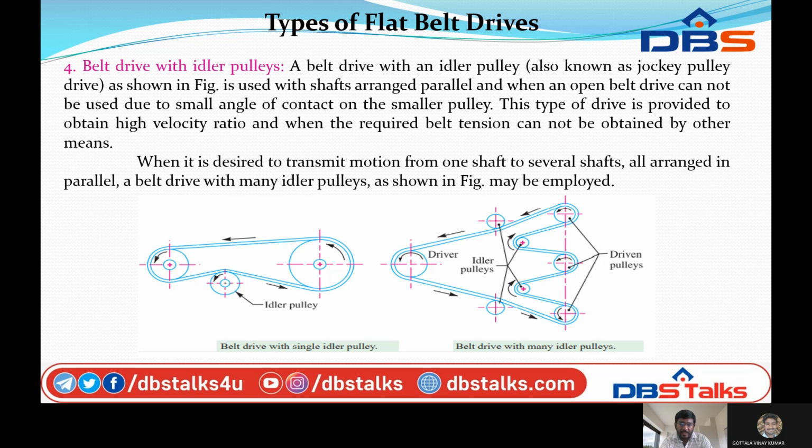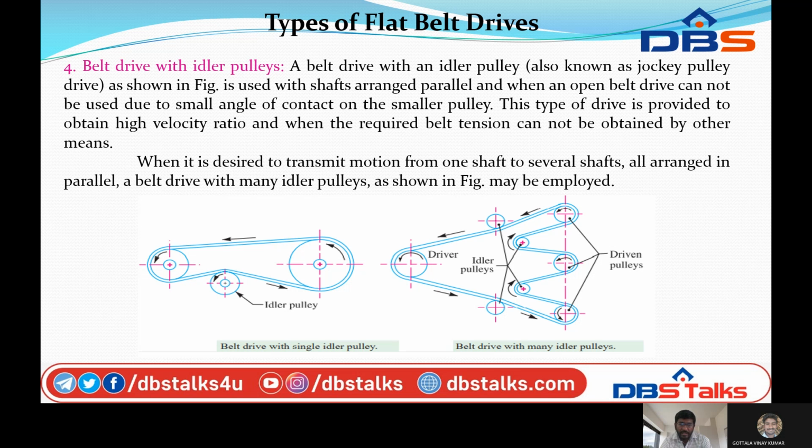So this figure looks like an open belt drive, but we arrange the small drive with an idler pulley. So the two shafts, driver and driven, will rotate in the same direction. The tight side and slack side will also be given, but additionally we can add the idler pulley.